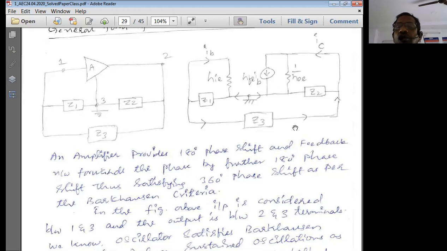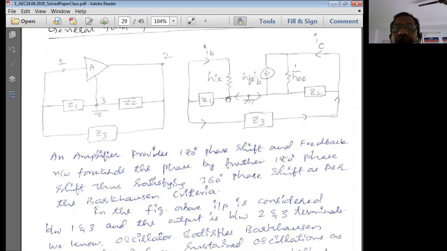Now once you know this, let us go with the equivalent circuit model of the oscillator circuit. Now we replace amplifier A by its equivalent approximate model. So what is the approximate model? The approximate model is going to be HIE.